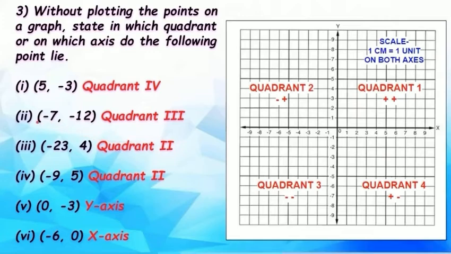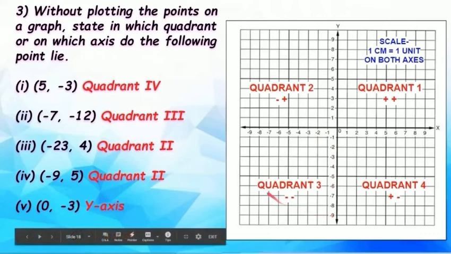Similarly, the second point is given to be (-7, -12). We know if we have both the x coordinate and y coordinate as negative values, it lies in the third quadrant. See, x coordinate negative and y coordinate negative. So this point lies in the third quadrant.